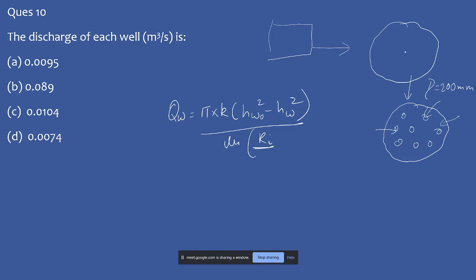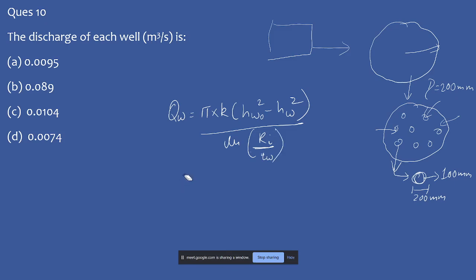Right now you are considering the equivalent radius for the whole circular part, but now since only one well is under consideration, you will consider this one well. It has a diameter of 200 mm, so the equivalent radius will be 100 mm, which is 0.1. Let me mention the radius of the well point.